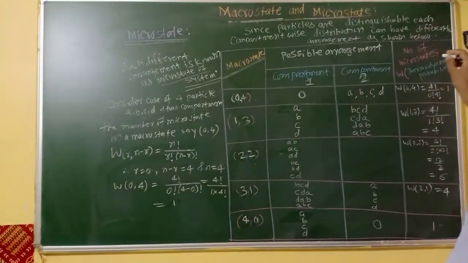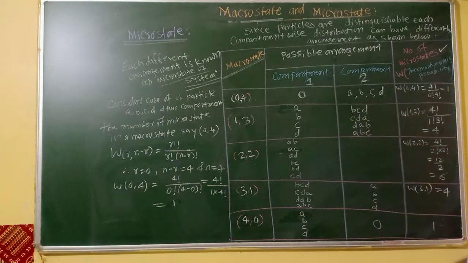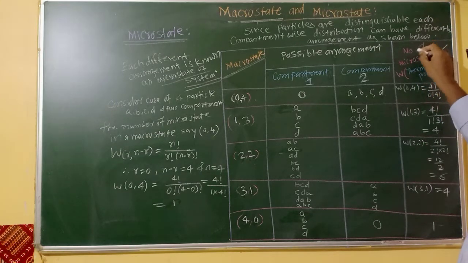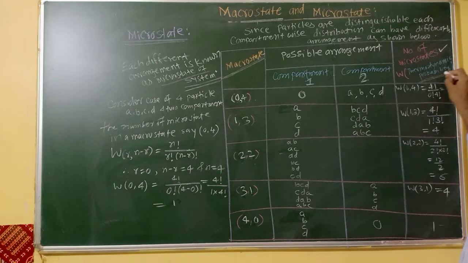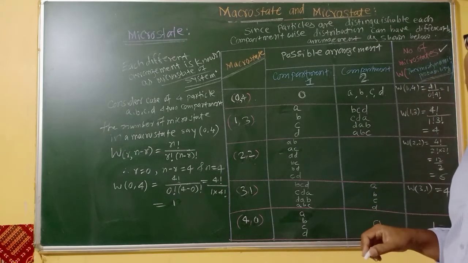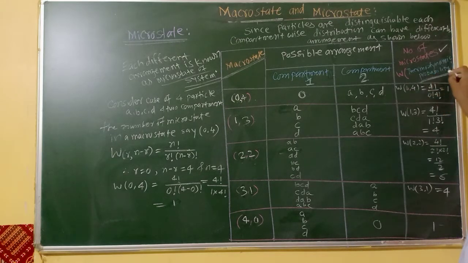Now we have to calculate the microstate. How will you calculate? See here, the number of microstates is calculated by using thermodynamic probability. In the next article we are going to discuss what thermodynamic probability is and how it is calculated.